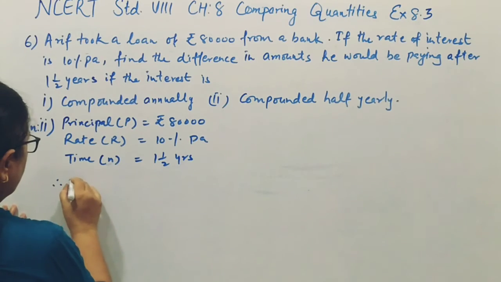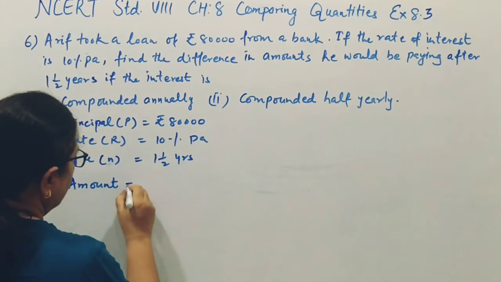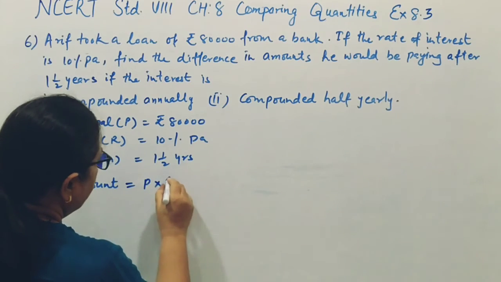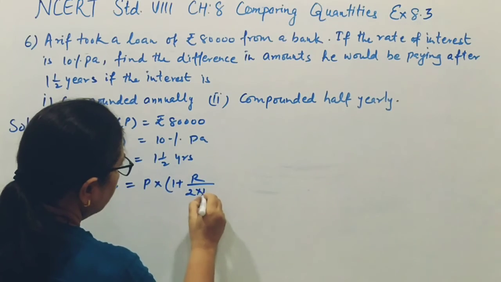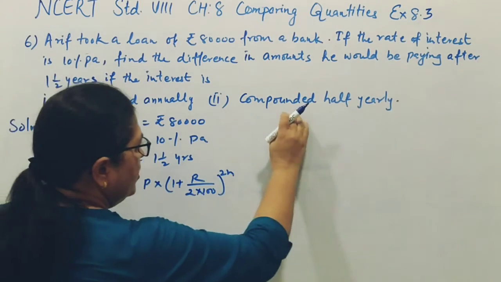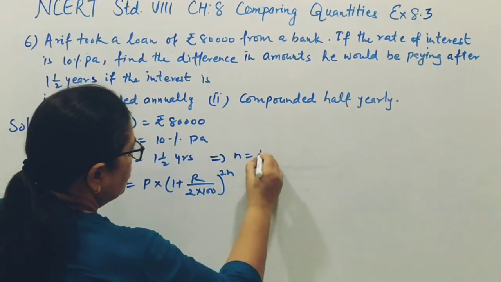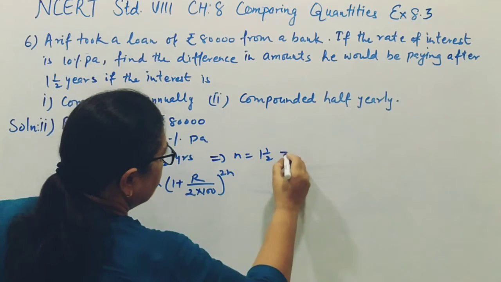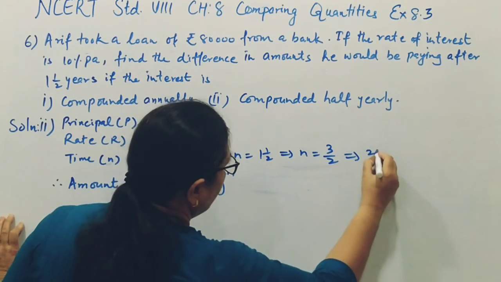Therefore amount is P into 1 plus R upon 2 into 100 raised to power 2n, since it is compounded half yearly. Here n is equal to 1.5, that is n is equal to 3 upon 2, which implies 2n is equal to 3.